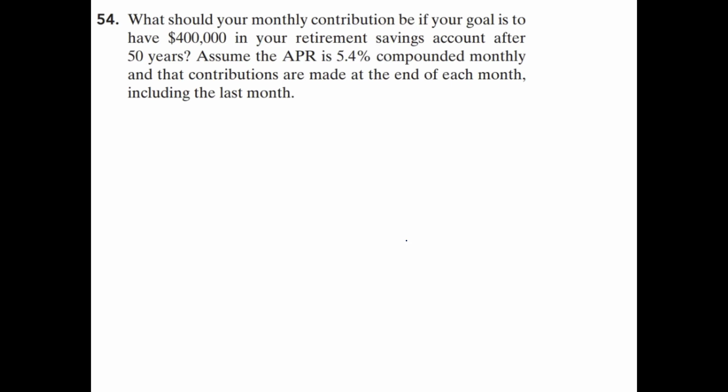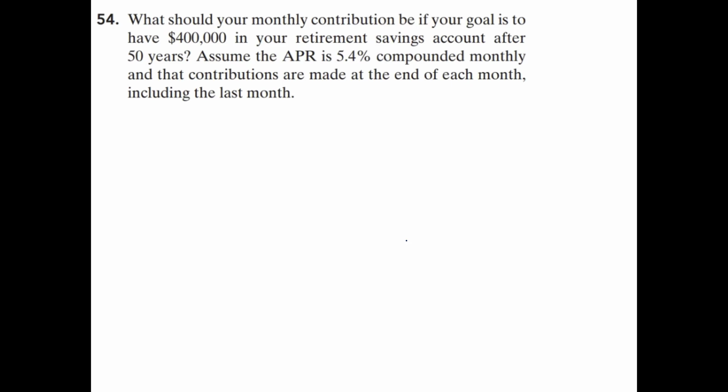So this question looks at that. What should your monthly contribution be if your goal is to have $400,000 in your retirement savings account after 50 years? Assume the APR is compounded monthly and that the contributions are made at the end of each month, including the last month.